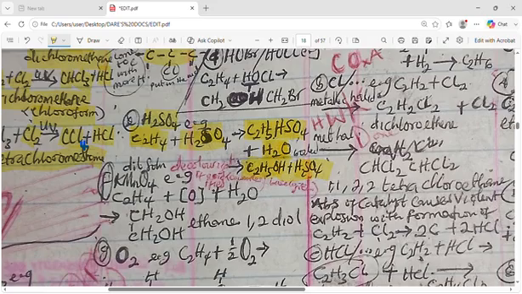Then the remaining H, add it to HSO4 to become H2SO4. And for this one, how did we get ethyl hydrogen sulfate? We picked one H from H2SO4, added it to this, it became C2H5, then the remaining HSO4 will be here. So this one stopped on this line. But we now decided, what if we add water to this one that stopped here? We will now get ethanol and H2SO4. So that's for the letter S.